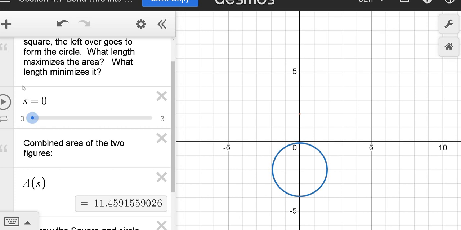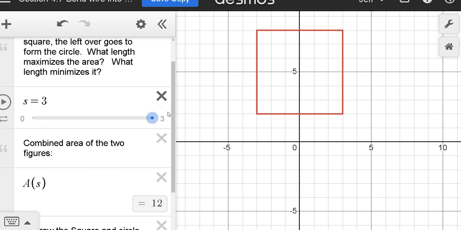So 11.459. At the other endpoint, send everything to the circle, we get 12. I might have this reversed from the way we set up our formula.